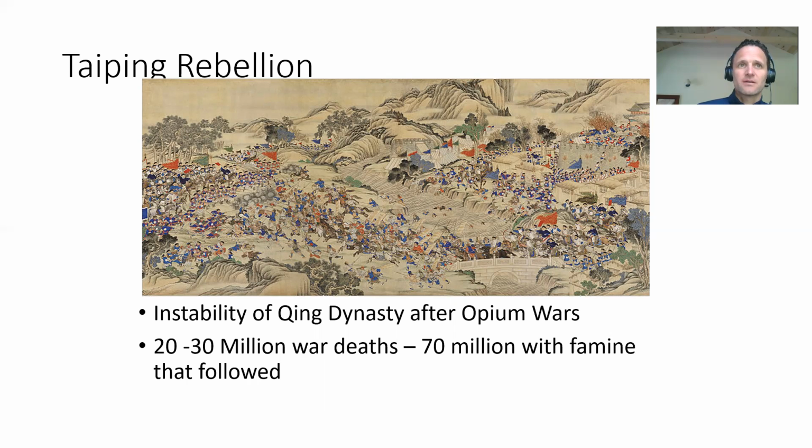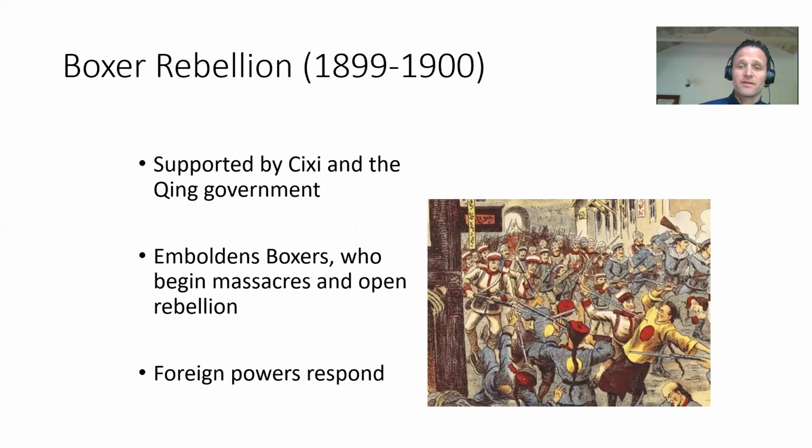So the Taiping Rebellion isn't really an anti-European rebellion. It's more like a civil war. But then we see the Boxer Rebellion is clearly another example of resistance against imperialism. This is 60 years after the Opium Wars, and the Boxers are tired of European influence in China.